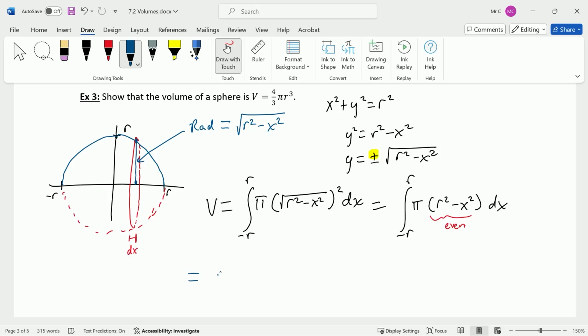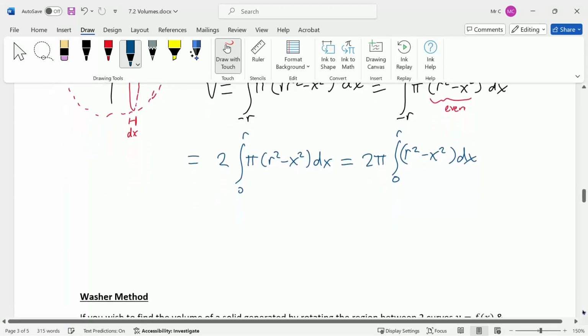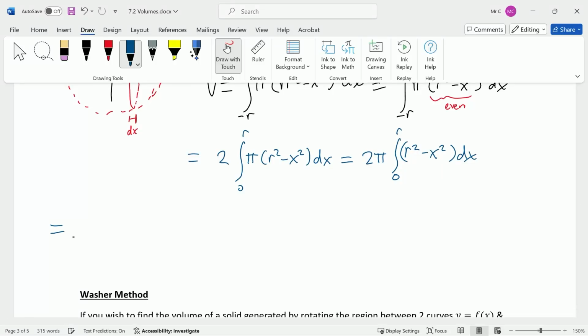Okay, so in other words, I can write this as 2 times the integral from 0 to r of pi times r squared minus x squared. And that's just going to make the integral easier to do. And last thing before I compute it, I'll just pull the 2 pi out in front. And so this gives me 2 pi times r squared x minus x cubed over 3, evaluated from 0 to r.